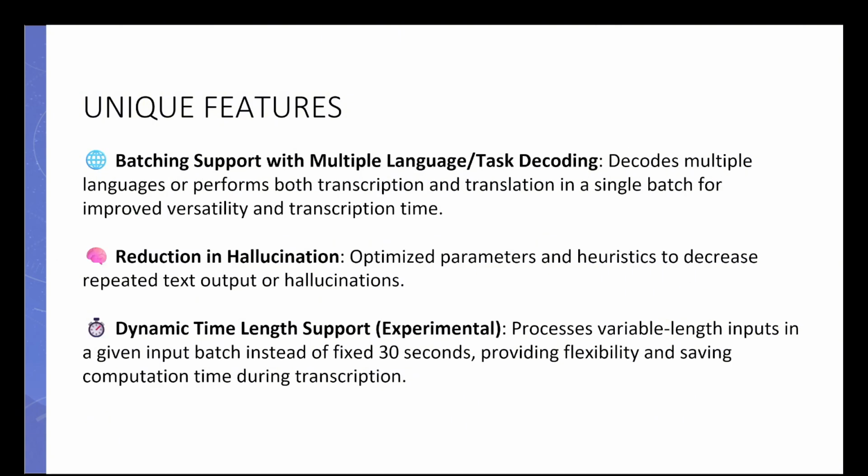Another set of features includes the batching support with multiple language and task decoding, so it decodes multiple languages or performs both transcription and translation. It offers reduction in hallucination, and this is really important because previously I've witnessed myself several examples when I've used WhisperX, where the model was hallucinating, giving me repeated text or something else which didn't exist in the speech.